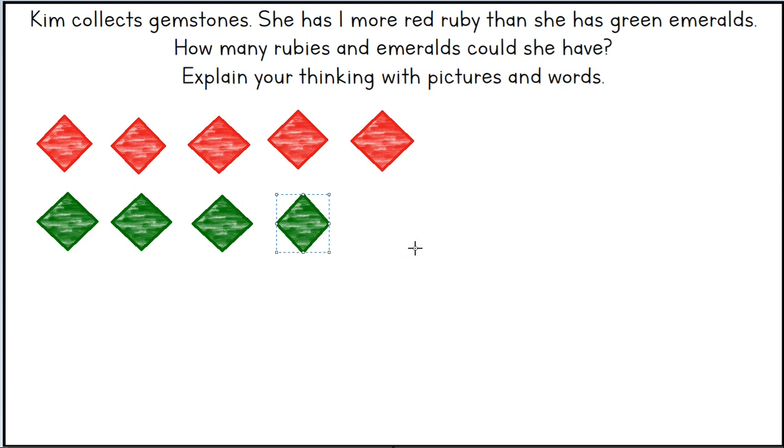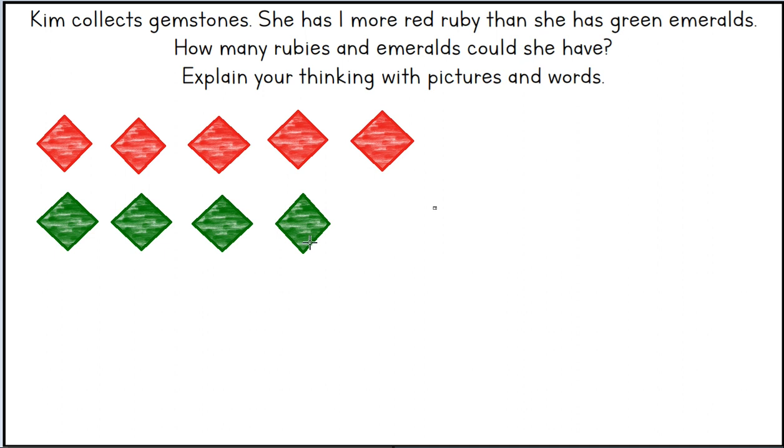I'm not going to put an emerald there because this is the extra ruby that she has. And you can also look at that in number form instead of by picture. We know that I drew 5 red rubies. What is 1 less than 5? If I took 1 away from 5, I would have 4. Do I have 4 green emeralds? 1, 2, 3, 4. I do.